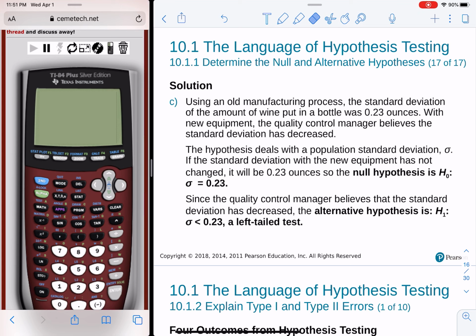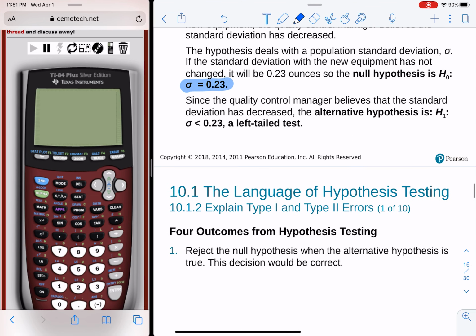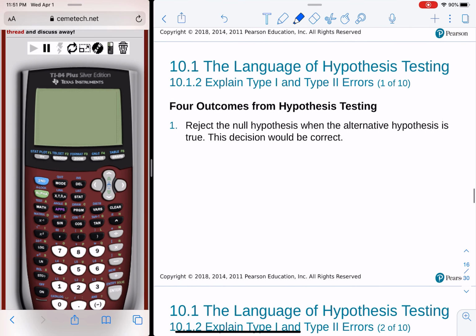In other words, sigma is 0.23, and the alternative is that sigma is less than 0.23. So naturally, the test is a left tail test. So the alternative is the claim, and who's making the claim? The claim is made by the quality control manager. That is his new belief, or their new belief.